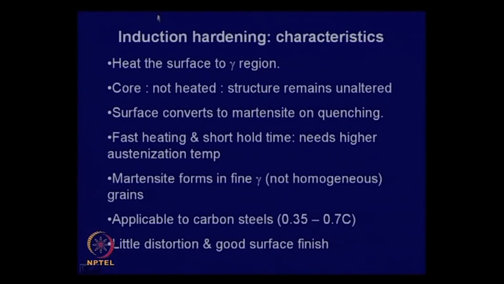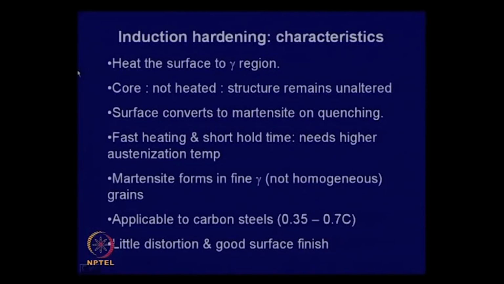Now, one such heat treatment process is induction hardening, and in induction hardening what you do is heat the surface, that is local heating. Apart from this there may be a few other methods of local heating, but let us concentrate on induction hardening.